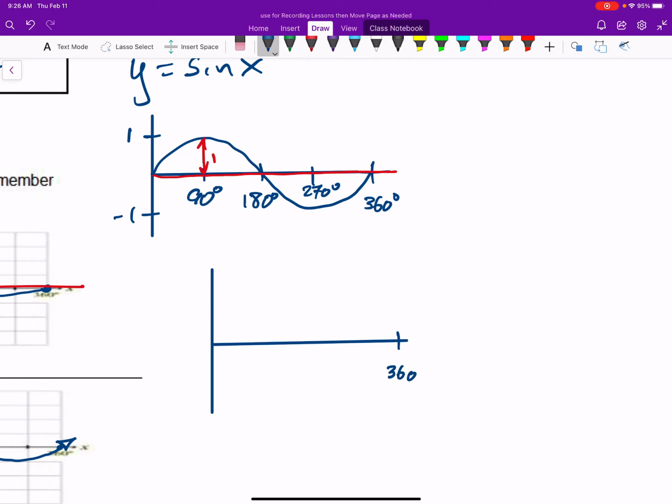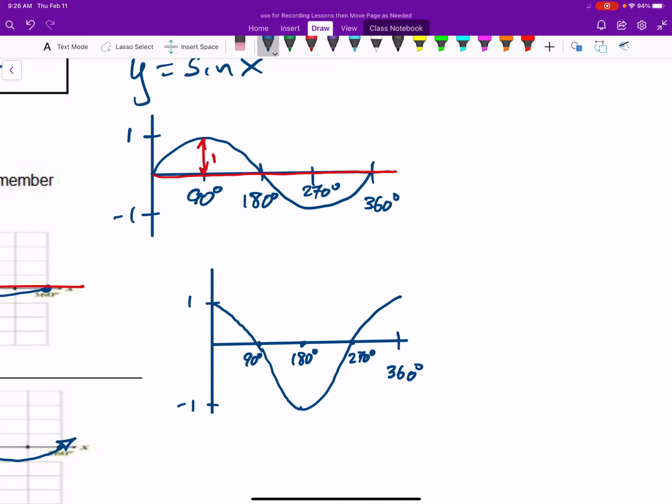It was 360. It had the same maximum of 1, the same minimum of -1. Everything was the same except where it started. It started at the maximum, went down to the minimum at 180, came back up and hit the maximum again at 360. So the only difference was that it was shifted compared to the sine curve.